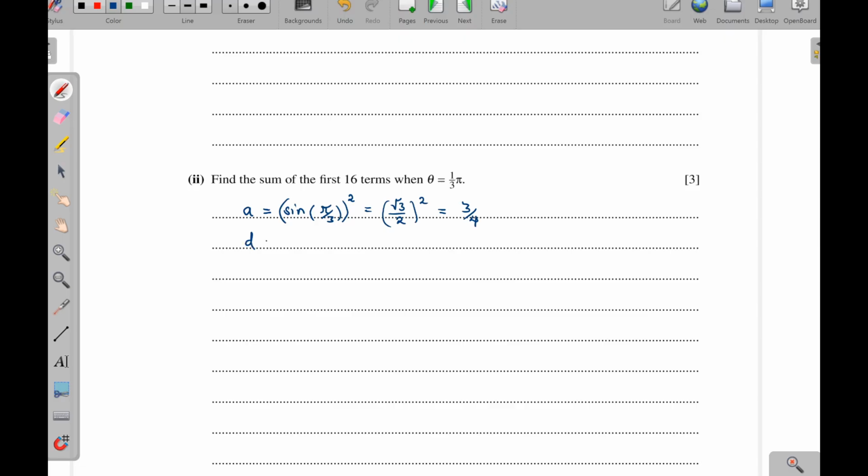Then the common difference, we have seen it is negative sine, then power 4. So you will get this one here, then you put power 4. So this will be root of 3 over 2. There's a minus here, remember, then power 4.